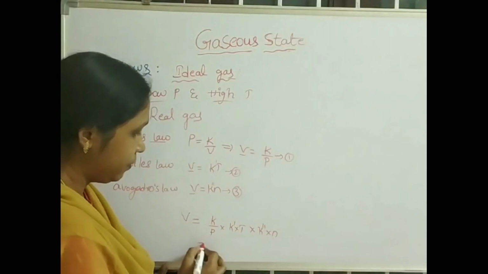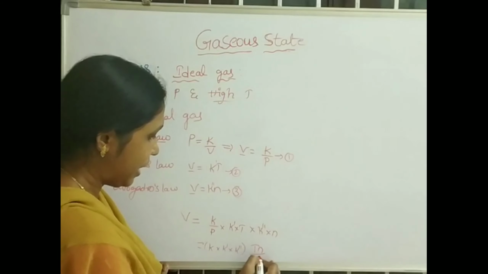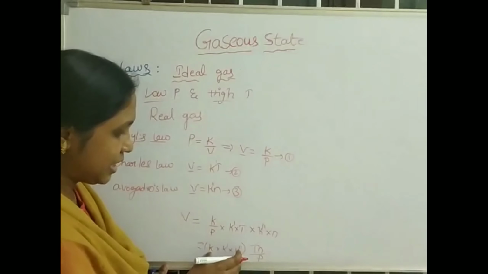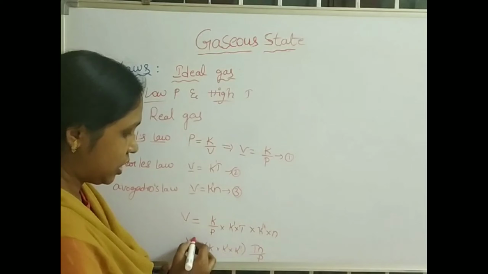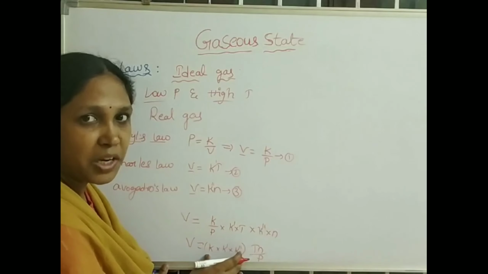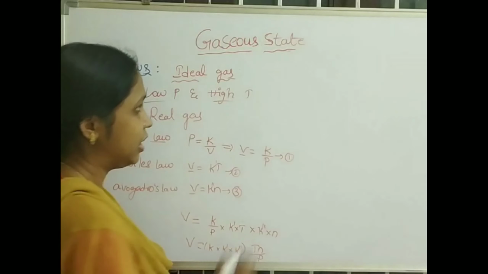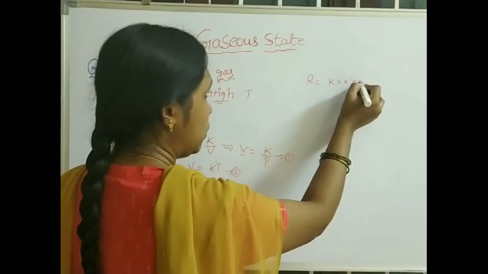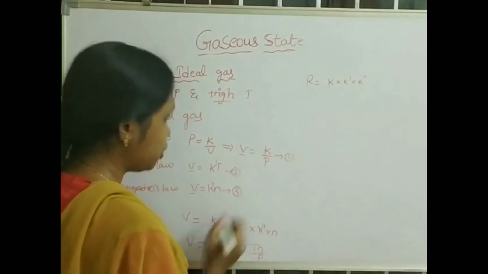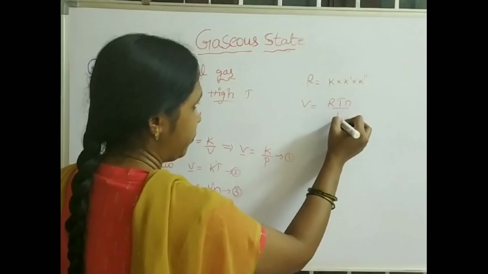That is K into K dash into K double dash into Tn by P. In the place of the 3 constants, take 1 constant, that is R. R equal to K into K dash into K double dash. So substituting here, the volume is equal to R into Tn by P.